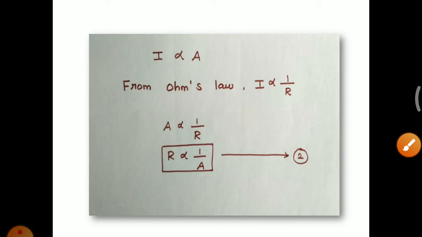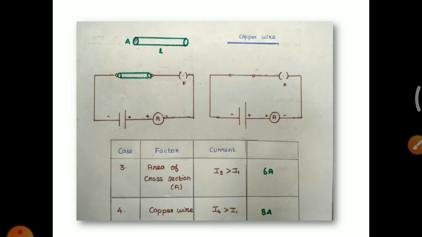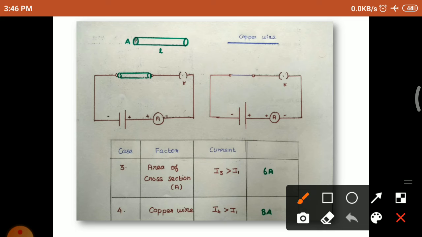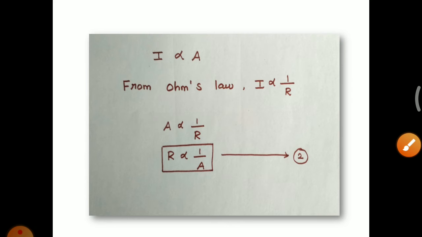So from this observation, I can write I directly proportional to A. How? When I increased the area of cross section A, the current value increased.